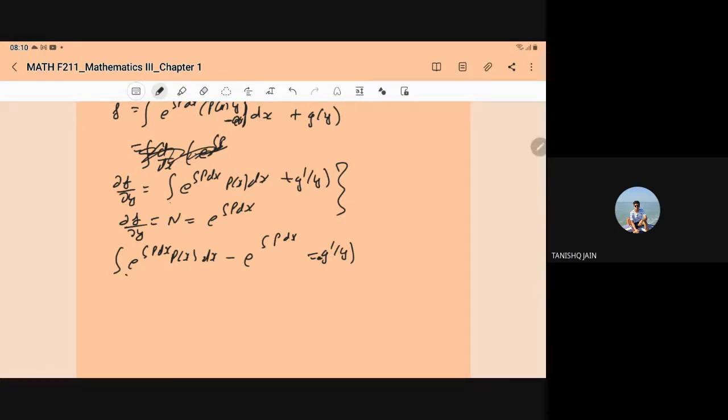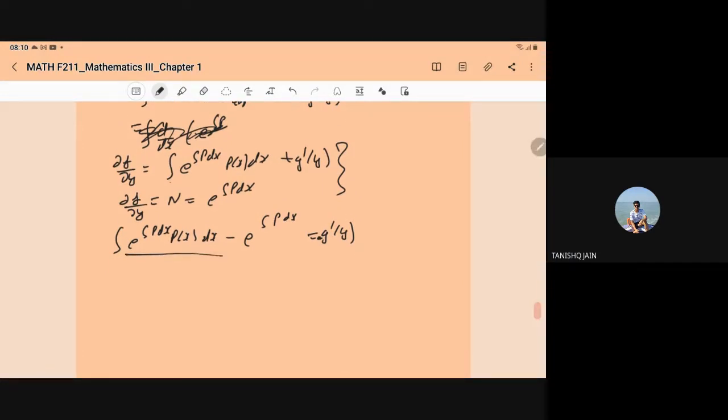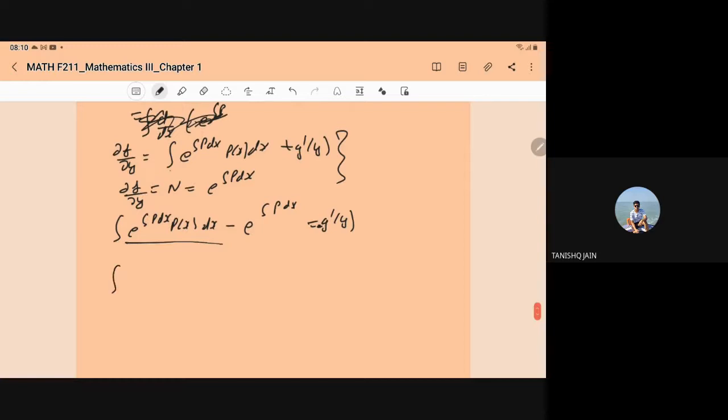And what this can be written as? This can be written as d/dx of e to power integral P dx into dx minus e to power integral P dx is equal to minus g dash y.